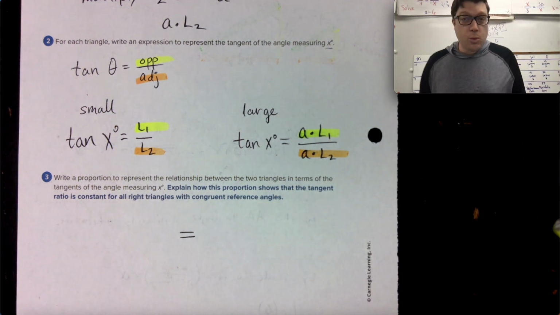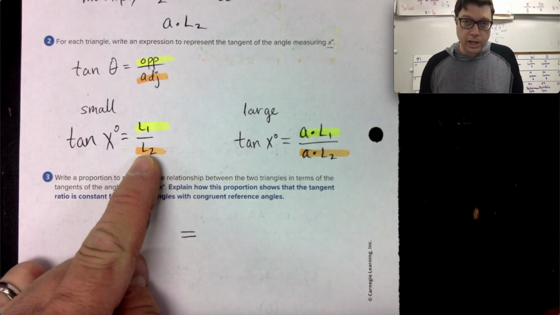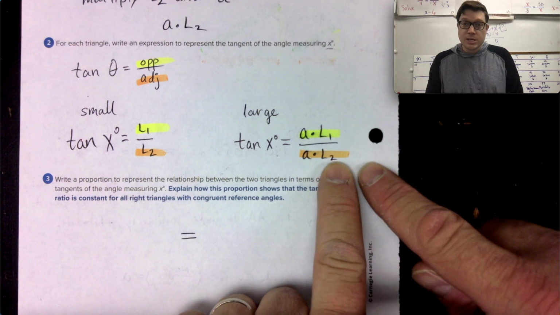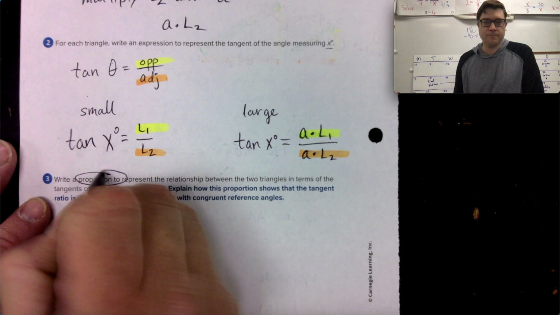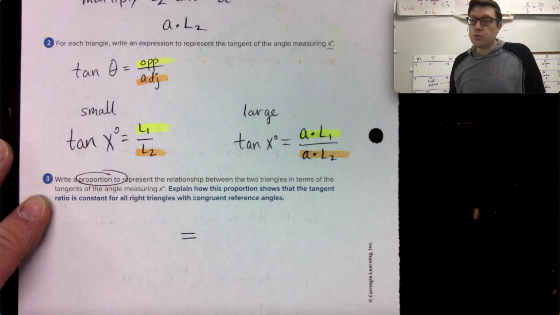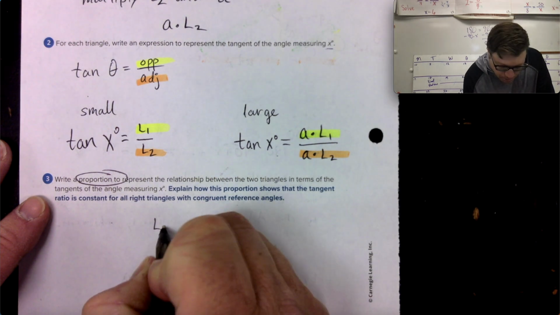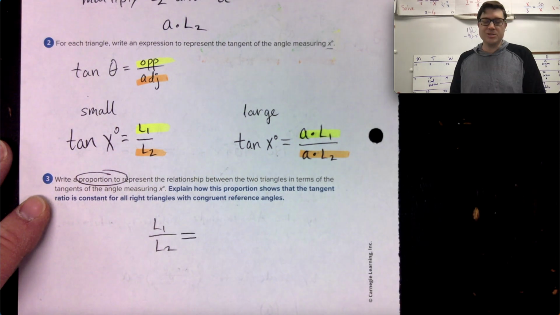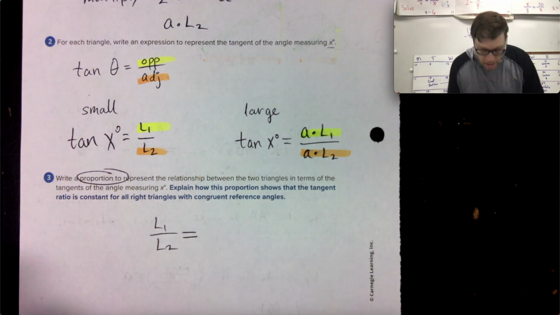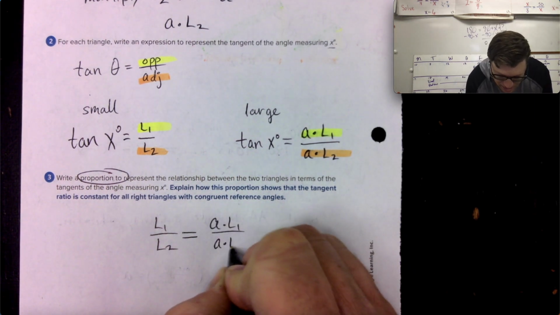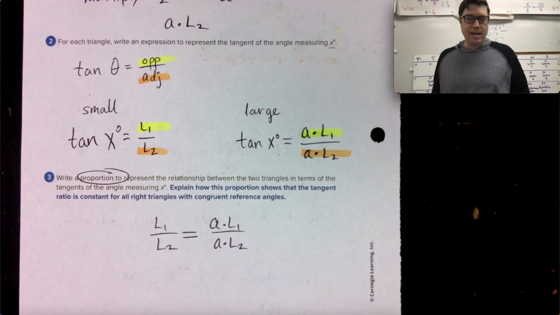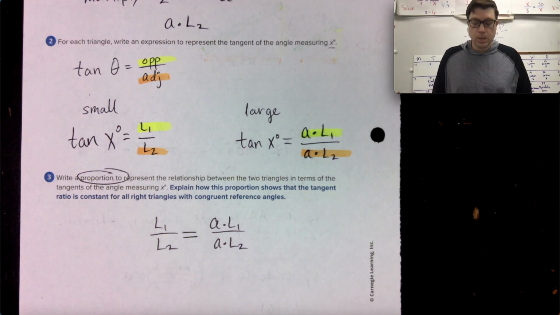And if you can take one fraction from the small triangle and write it equivalent to the fraction from the other triangle, you've written a proportion. And all that trigonometry is really the understanding that we're dealing with proportions. So we have our small triangle's proportions, L sub 1 divided by L sub 2, and we have our large triangle's proportions, A times L sub 1 divided by A times L sub 2.